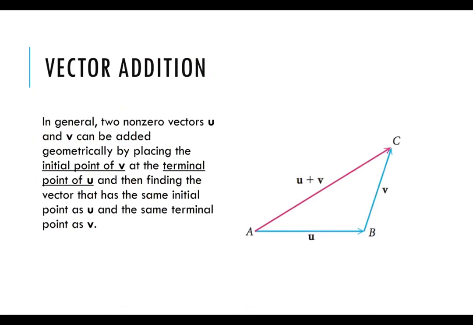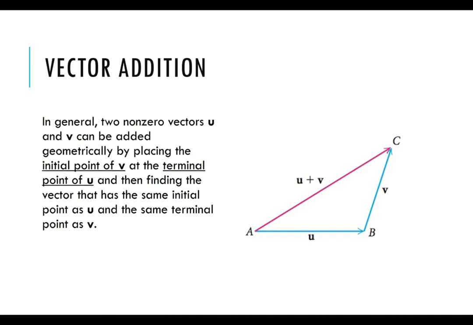The easiest arithmetic that we know how to do is addition, and so vector addition is pretty easy. Geometrically, if you're trying to add vectors, all you need to do is put the initial point of one vector on the terminal point of the other, and the vector that you get from the initial point of the first vector to the terminal point of the second vector is the addition of those two vectors.